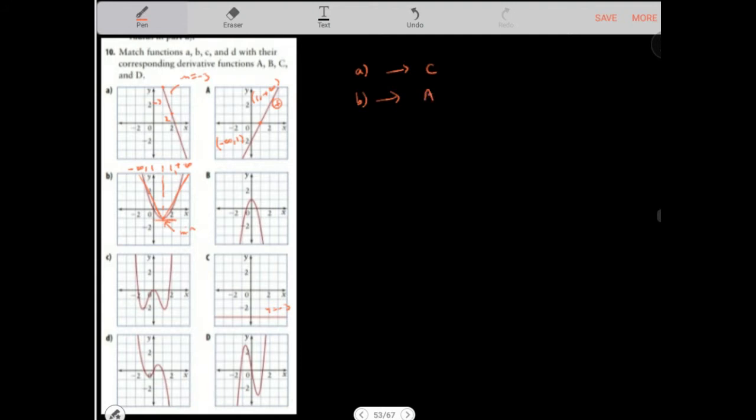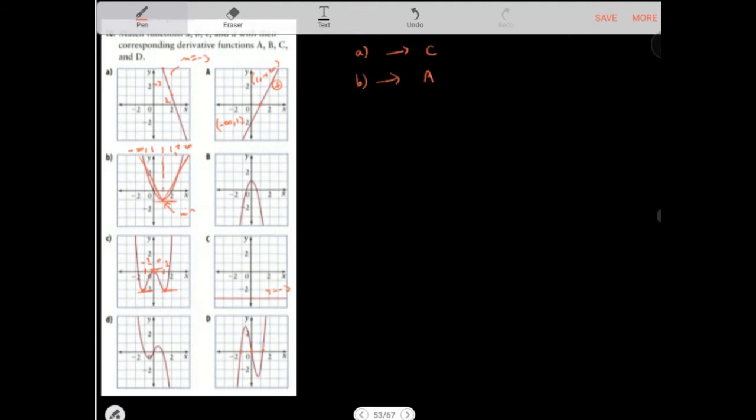Okay, let's take a look at graph C. You can notice here that there is a minimum point here and a maximum point here. Minimum and maximum points actually have a slope of 0. So there should be a 0 point at -1, a 0 point at 0, and a 0 point close to positive 1. And the only one that really has that is the one with a 0 here, close to -1 a 0 here, and close to positive 1 a 0 there.